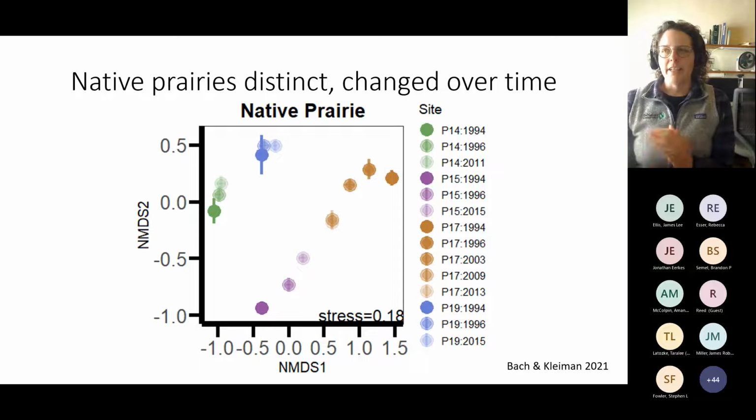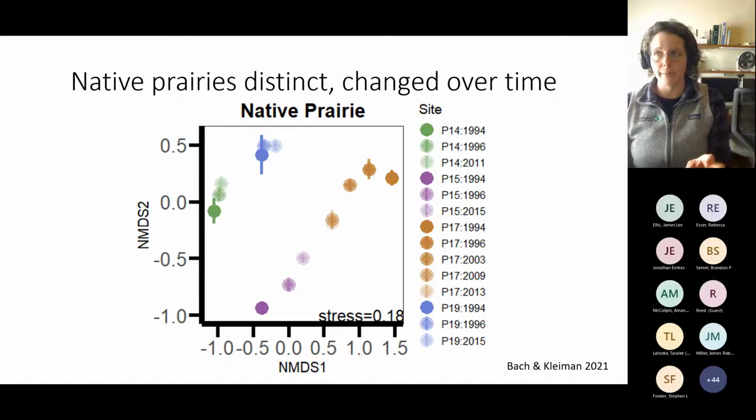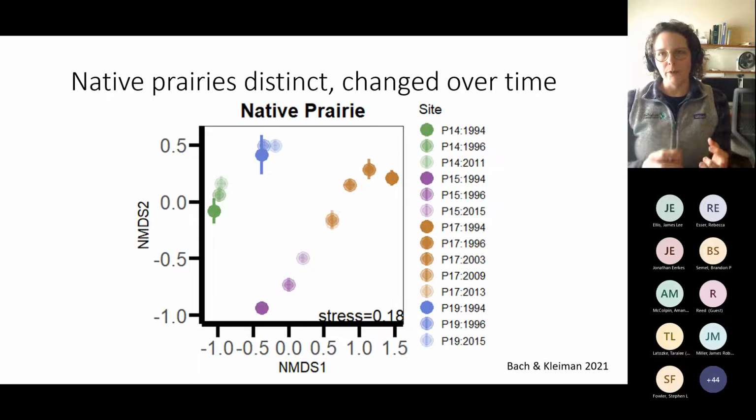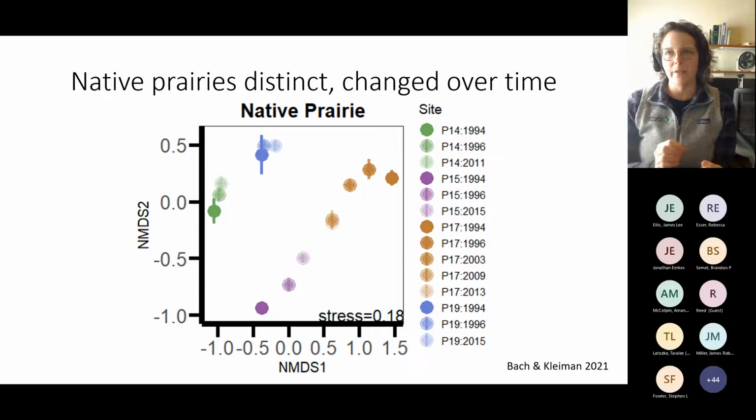And what I've done here is each of the different transects located on native prairies are indicated by a different color. So the green one is a different transect from the purple one. And the gradient of those colors represents the repeated measures over years. So the bolder dot represents the earliest measurement, usually in 1994 for these data.